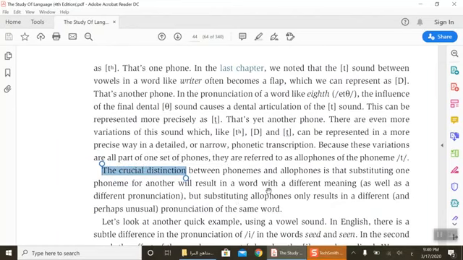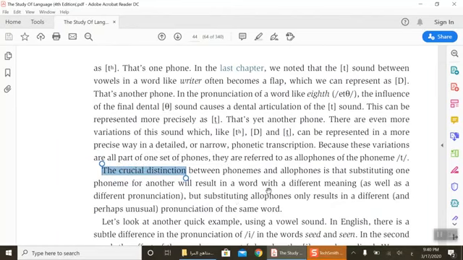When we say, for example, far and bar, we have a different meaning as well as a different pronunciation. And if we change bar and tar, different words, different meanings, different pronunciation.